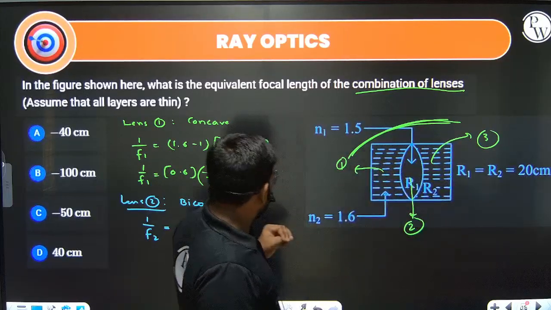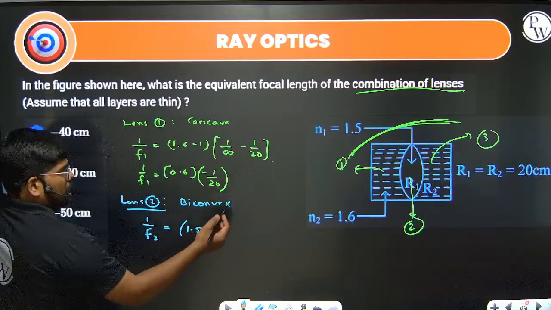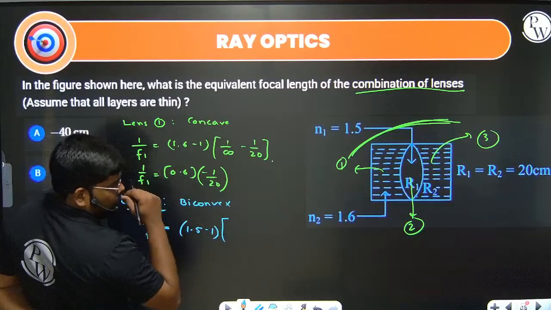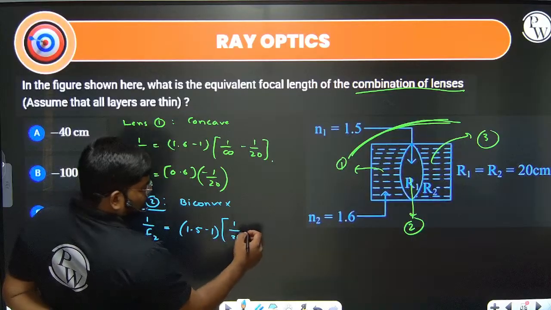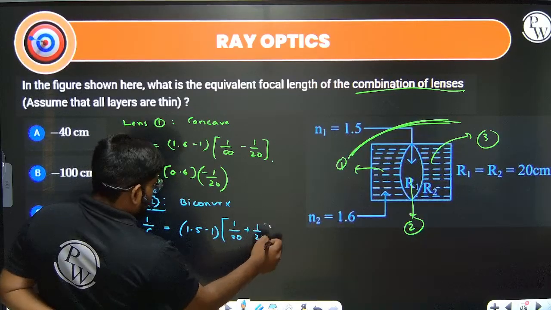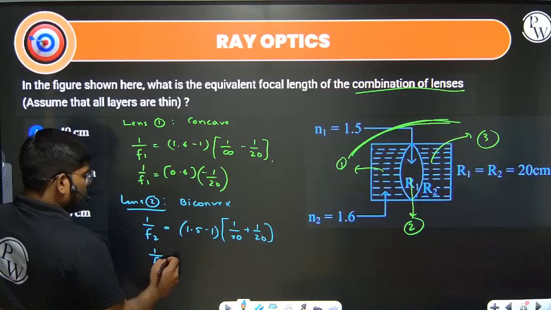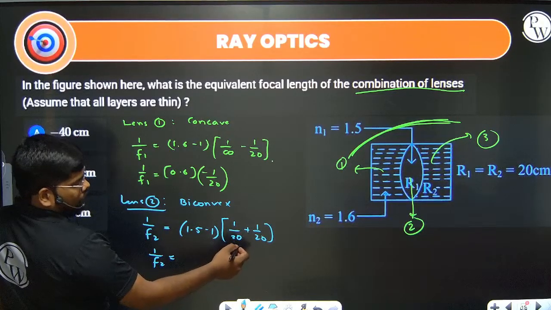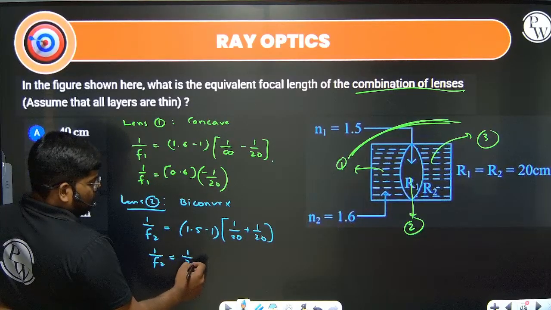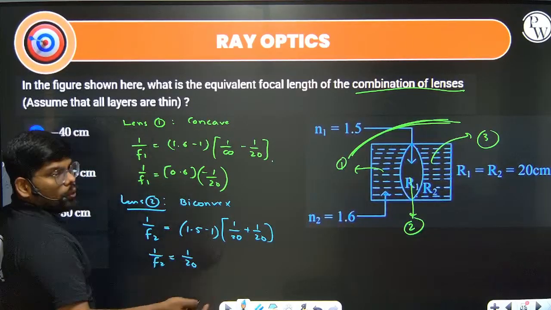Three lenses, three focal lengths; the first and third are the same, so we are leaving that. 1 by r1 is 20, and minus of minus becomes plus 1 by 20. So 1 by f2 is 0.5, that is 1 by 2, into 1 by 10, so it is again 1 by 20. So we got the two focal lengths.